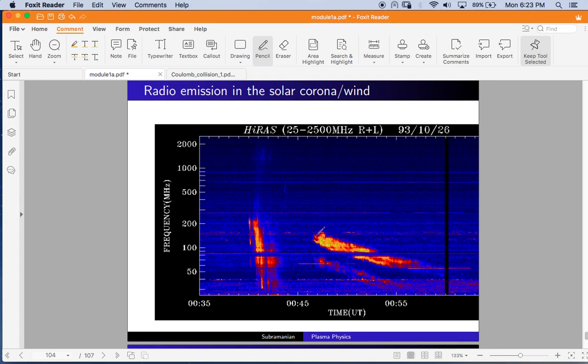So this would be the brightest emission, and somewhere here, somewhere where it's blue, would be faintest, and this red is somewhere in between.